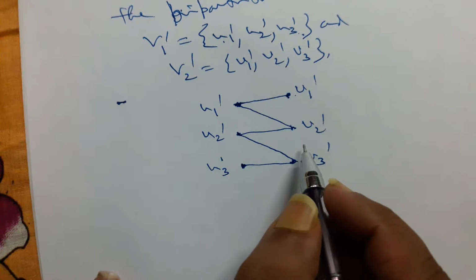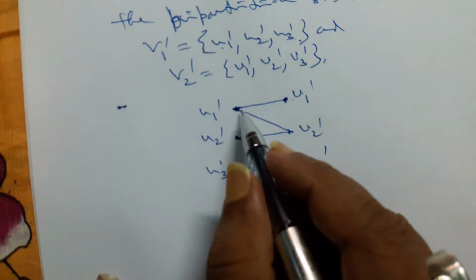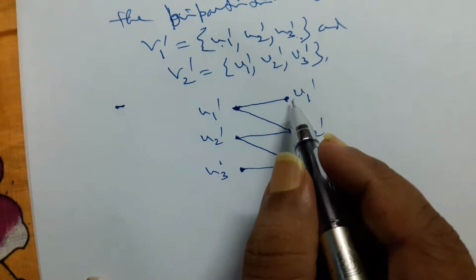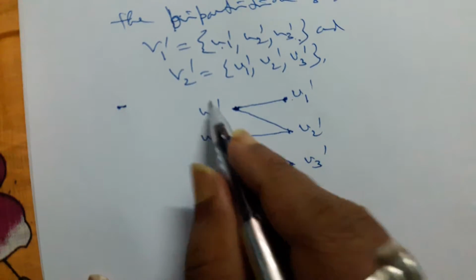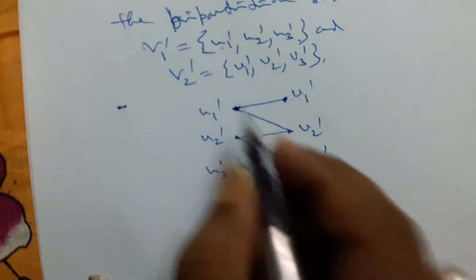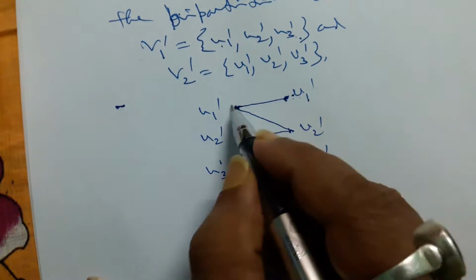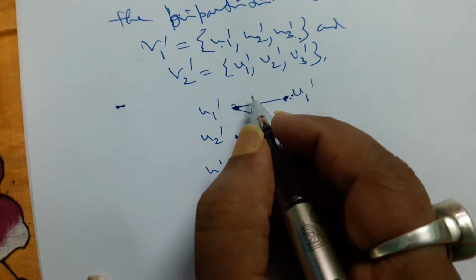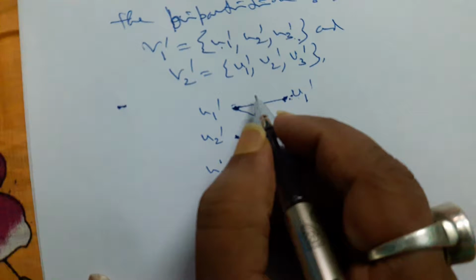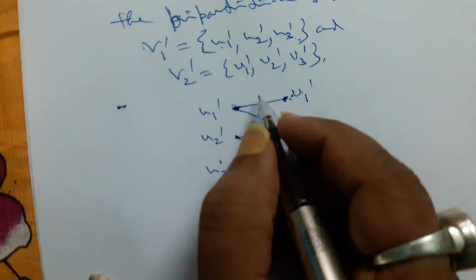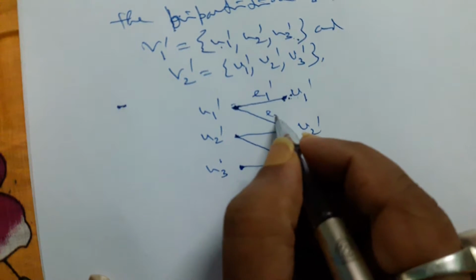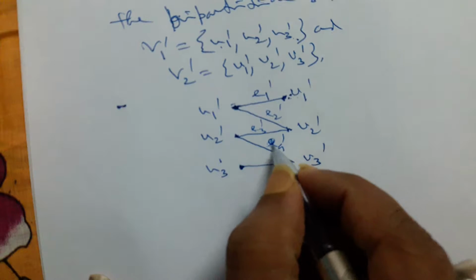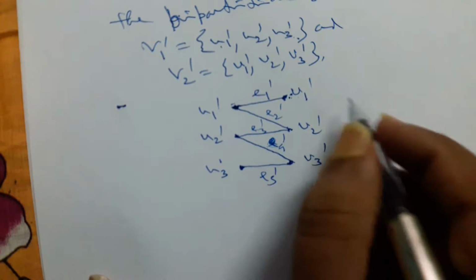Then in this type of figure, each edge of the bipartite graph has one end lying in the set V1 dash and another end in V2 dash. Let the edges be e1 dash, e2 dash, e3 dash, e4 dash, e5 dash.